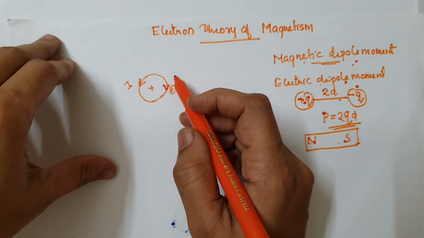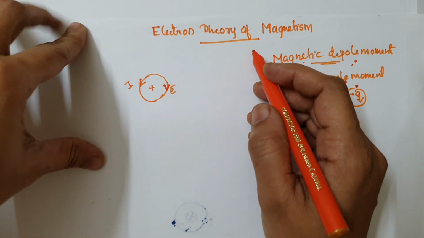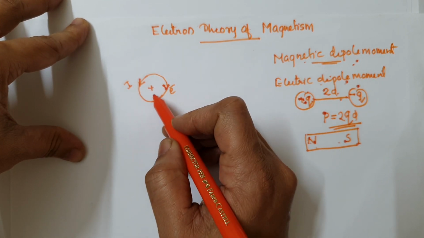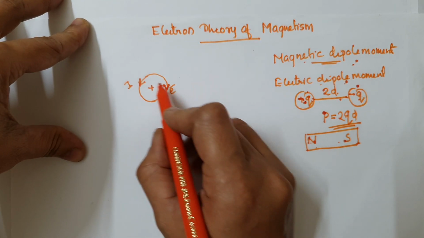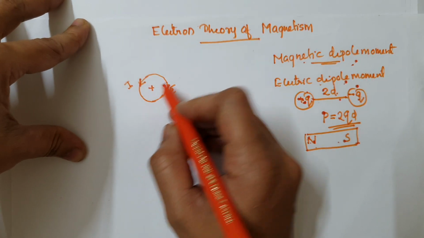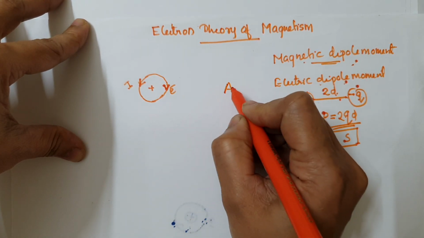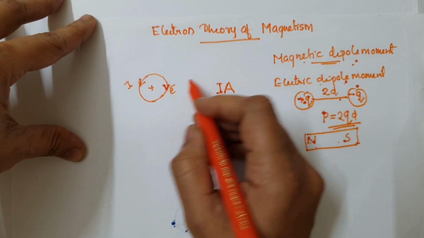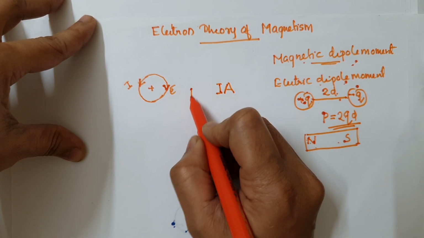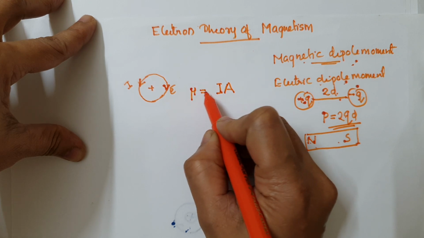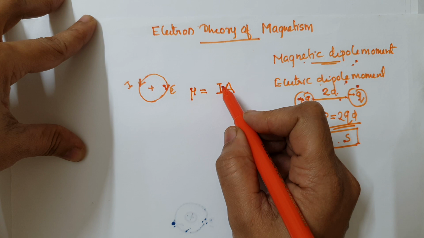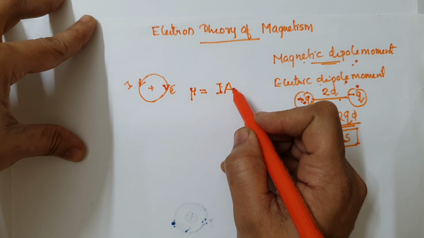Here we can represent this magnetic dipole moment. When a current I flows through this loop and the area of the loop is A, the magnetic dipole moment mu can be represented as the product of the current and the area.